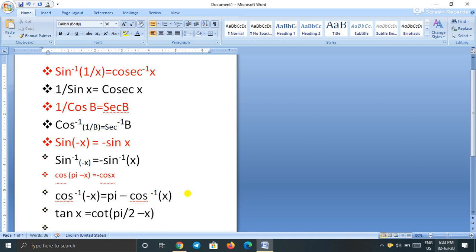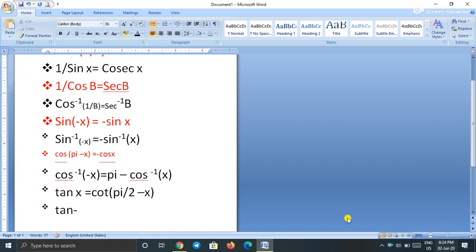So in inverse trigonometric function it is equal to tan inverse x equal to pi by 2 minus cot inverse x, right?